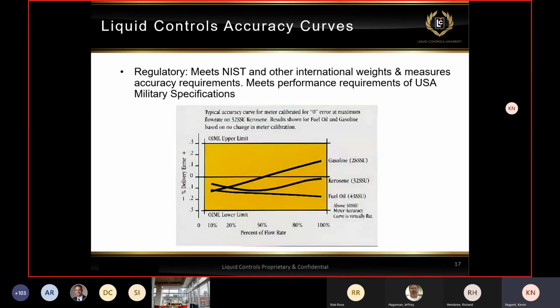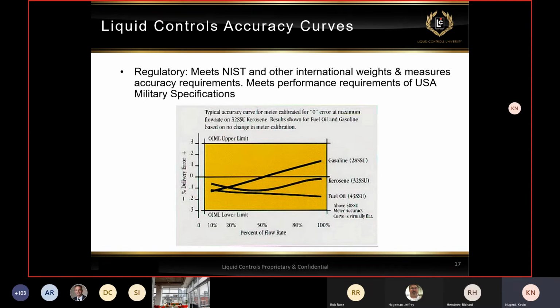We did this independently, and it may not be recommended in the field, but this was a test to validate that previous slide statement. And it shows us how we are able to meet international weights and measures accuracy requirements. So what we did is we took 1 meter and we calibrated at an independent lab on kerosene.